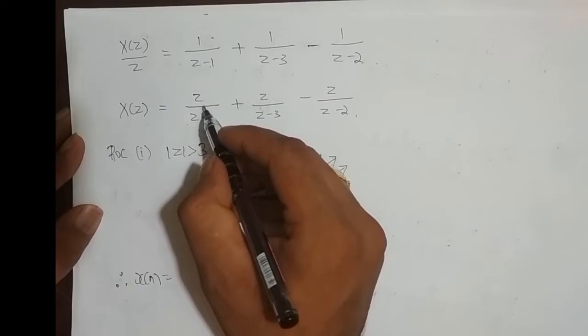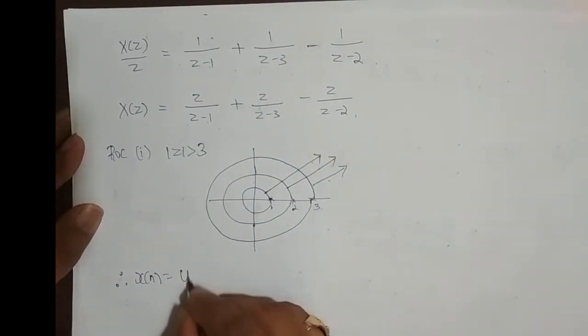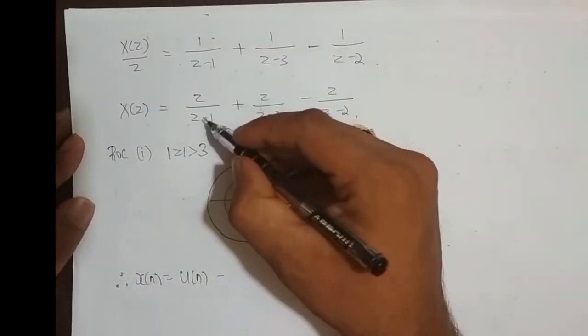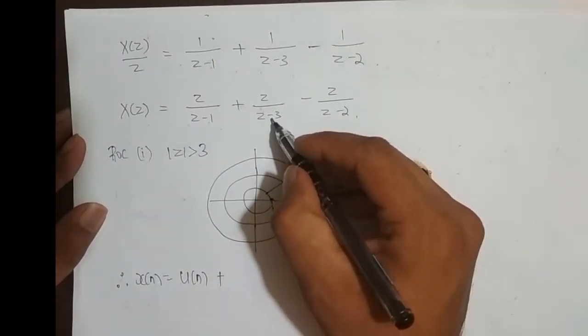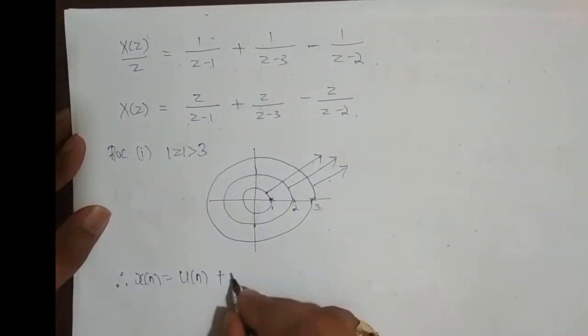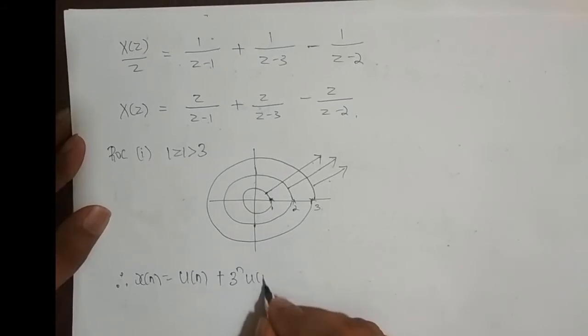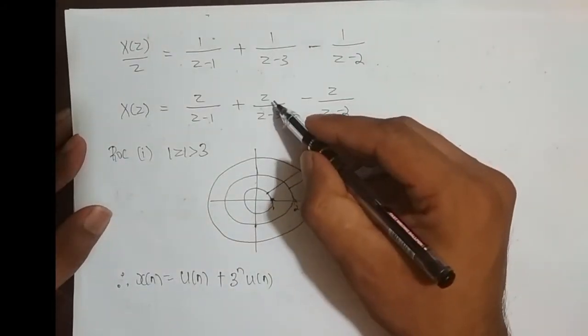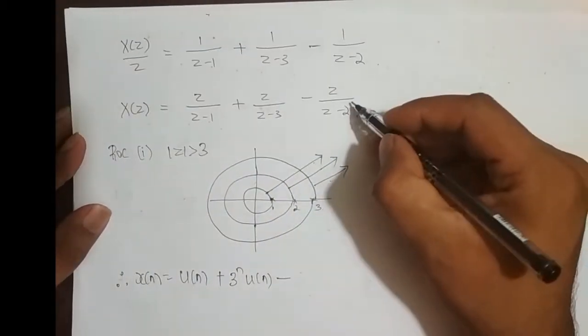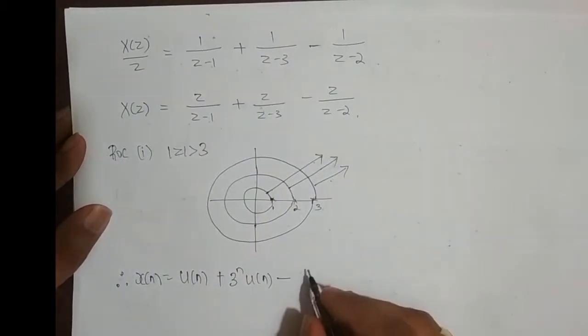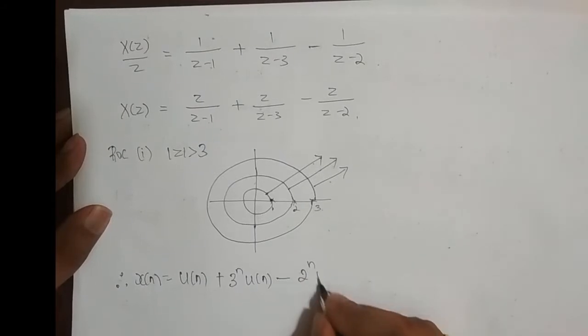What is the inverse Z transform of this if it is a right sided sequence? It is u of n, because Z transform of u of n is z divided by z minus 1. Plus, what is the inverse Z transform of this? If it is a right sided sequence, it is 3 power n u of n, because inverse Z transform of a power n u of n is z divided by z minus a. So minus, what is the inverse Z transform of this? If it is a right sided sequence, it is 2 power n u of n.